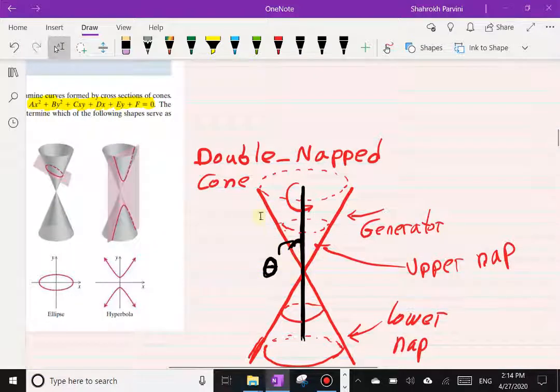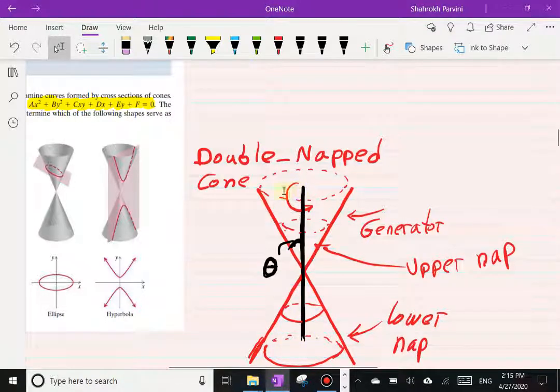Imagine this is the generator from the other sketch, and it begins to revolve about some vertical axis of rotation at some angle. The result is going to be a cone that's created up here and another cone that's generated down below.